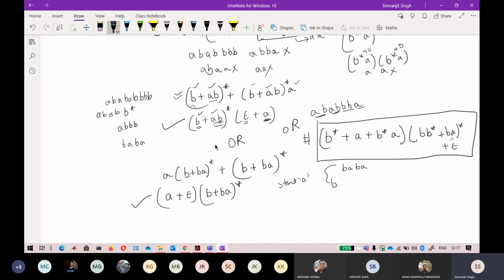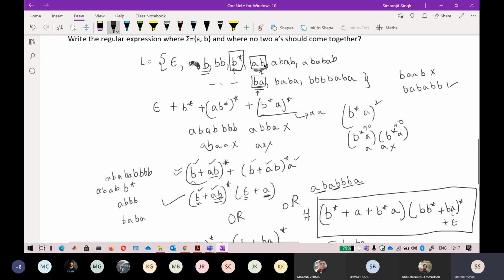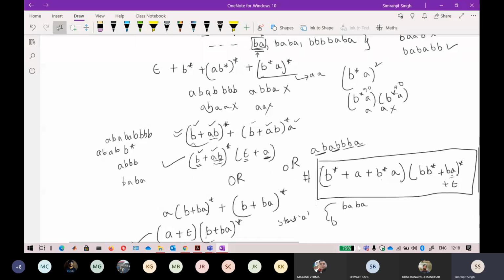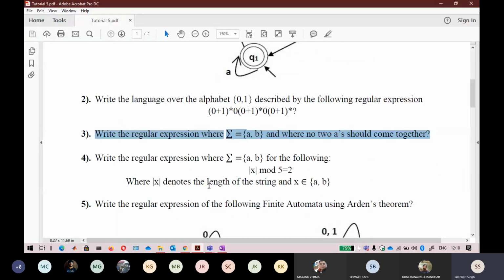You can check it for yourself: generate any kind of strings where no two A's come together, and you will be able to generate all kinds of strings. If you look at this language, there are only two things to keep in mind, AB and BAB. B star should come in the expression, so that is why this one is also possible.